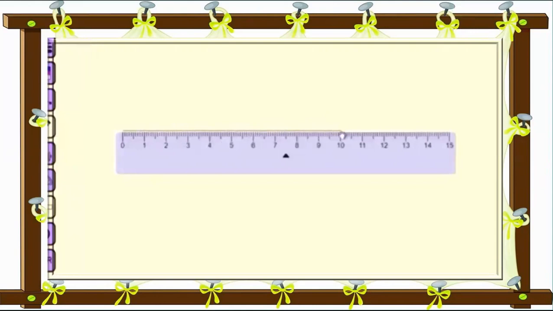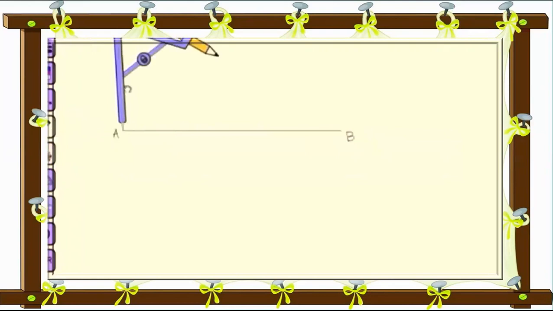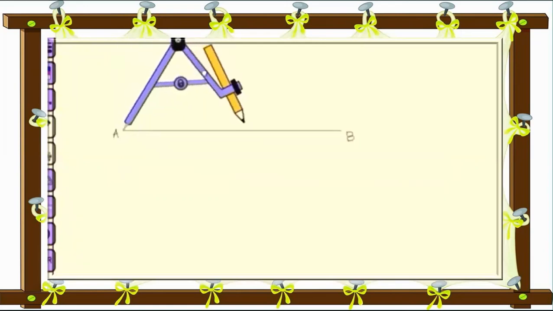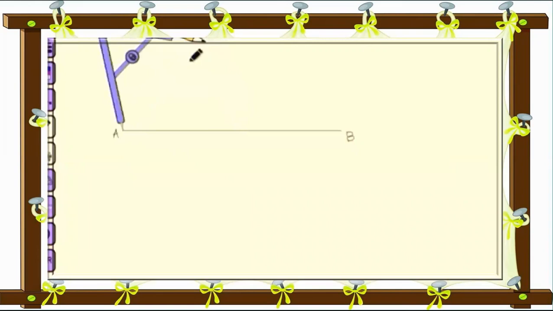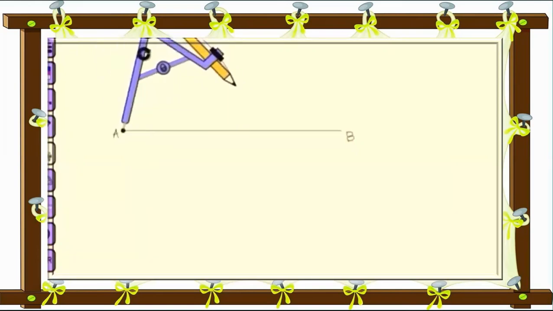Now we are going to draw arcs above and below the line with the help of a compass. How much should the compass be opened? It depends upon the length of the line segment. For example, it is 10 centimeters, so we must open it more than 5 centimeters.